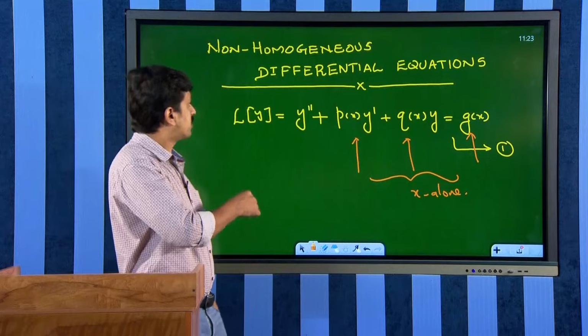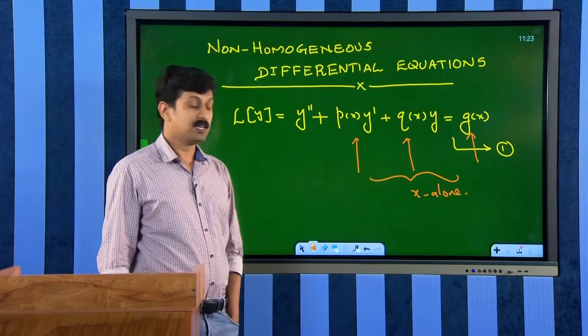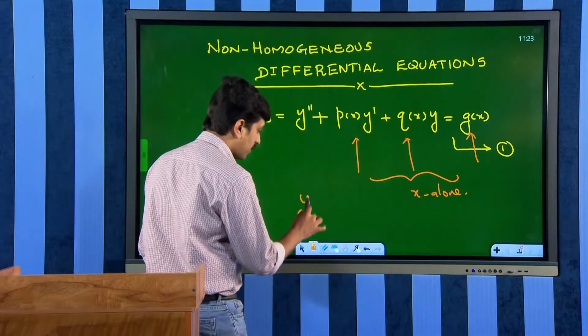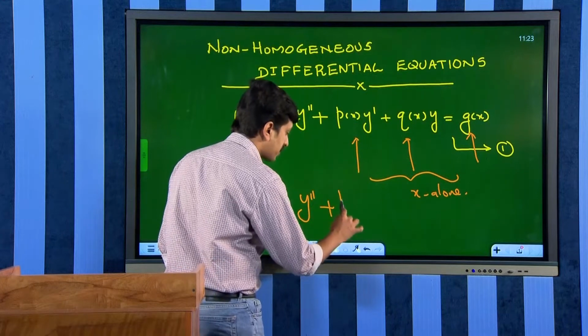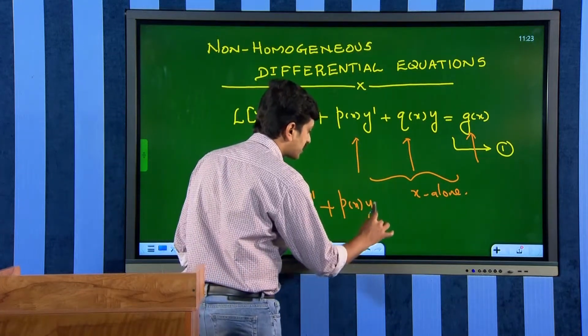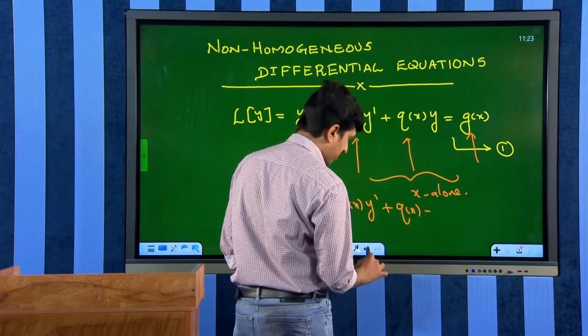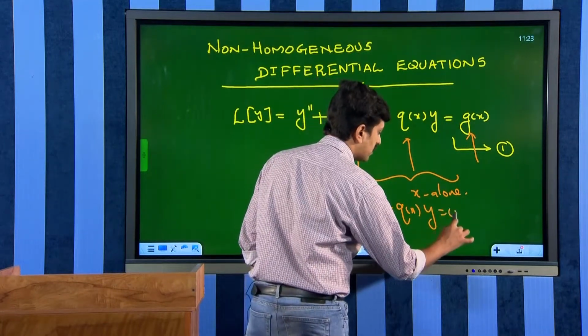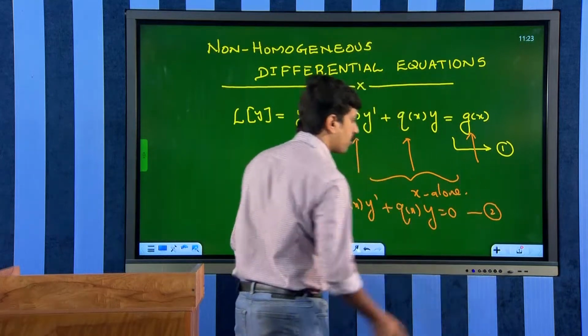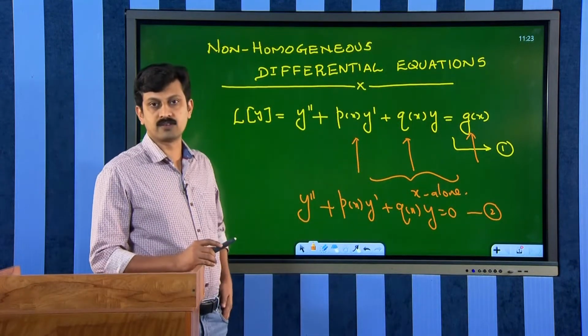Dear students, here we have the corresponding homogeneous equation, y double dash plus p of x y dash plus q of x y is equal to 0, which is the corresponding homogeneous linear differential equation.